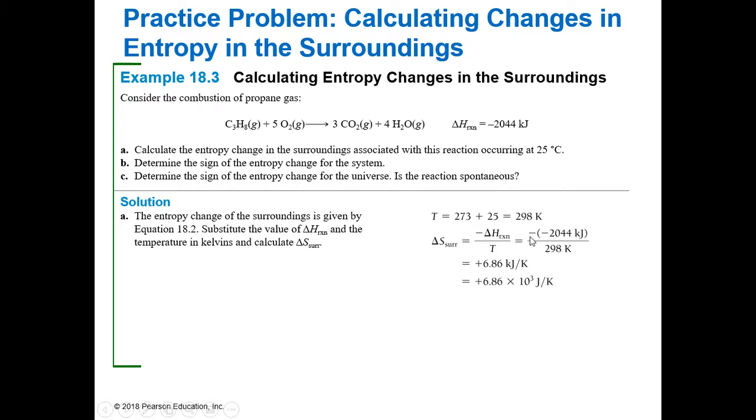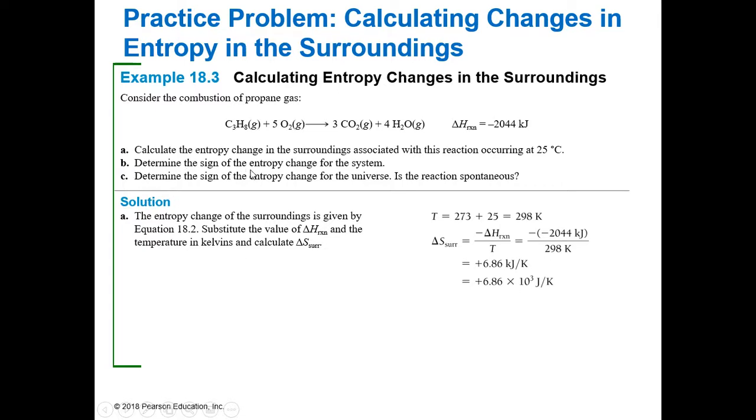So it's going to be negative of negative 2044 kilojoules divided by our temperature in Kelvin. So we end up getting 6.86 kilojoules per Kelvin. Normally we would put this in joules, so that's why they did the conversion to joules. So our delta S of our surroundings is positive. So do we have an increase in entropy of our surroundings?